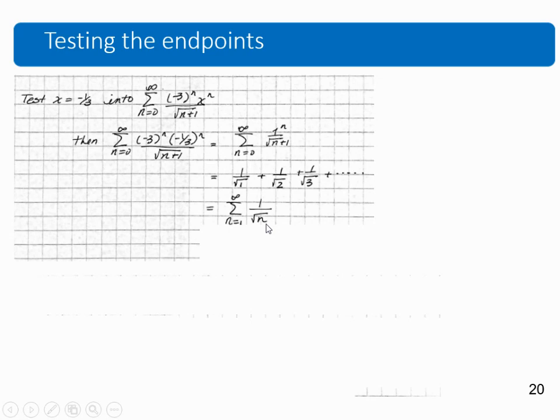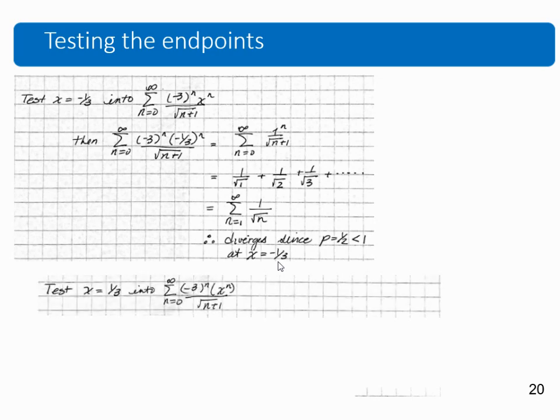I did that just so that it was easier to see what kind of p-series it was. You don't have to do that, but that's what I did so that it was easier to explain why this series would diverge, because your p is equal to 1/2, which is less than 1 when x is at -1/3. So it diverges at that point.